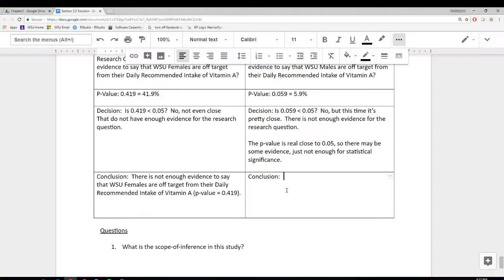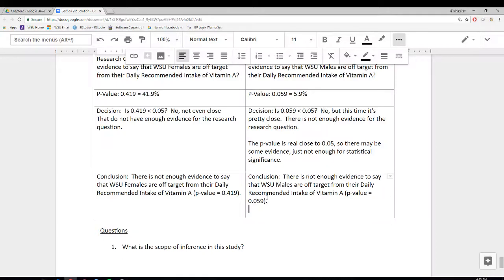So the conclusion here is going to be much of the same as what we had for females if we stick to that very strict 0.05 threshold. Just go ahead and copy and paste that over. Okay. There is not enough evidence to say that WSU males are off target from their daily recommended intake of vitamin A. The p-value, though, on this side is 0.059.